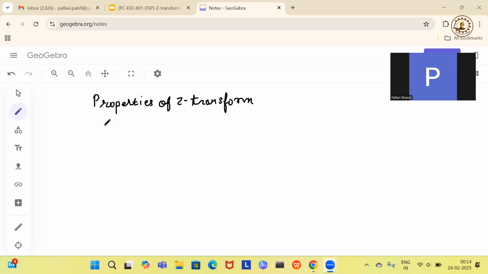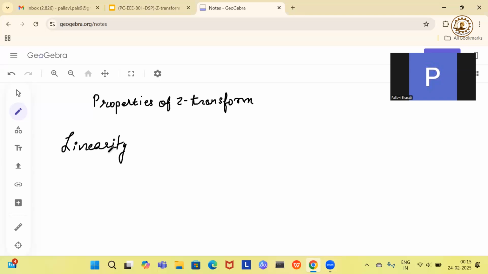Okay, for today's class, let's get started with the properties of Z transform. In this list, the first thing that comes in is the linearity property. What does it mean?